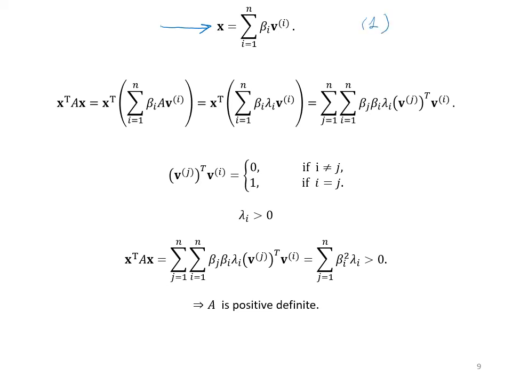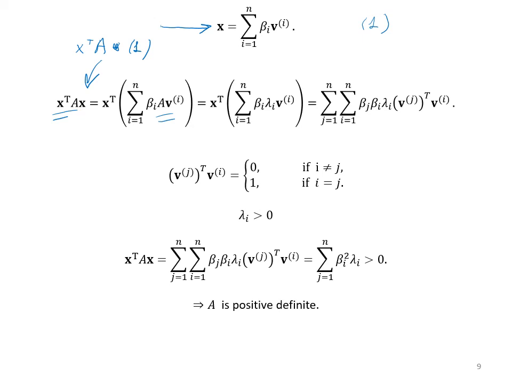The next step is the following. We are going to multiply both sides of our expression 1 by the product of the transposed vector x and matrix A. And this is the result we get. Again, we take matrix A inside the summation sign.